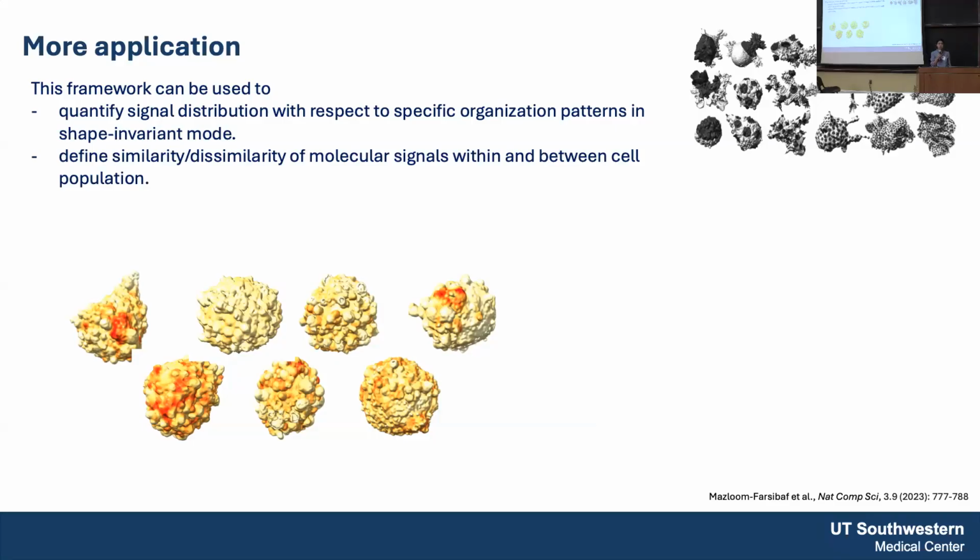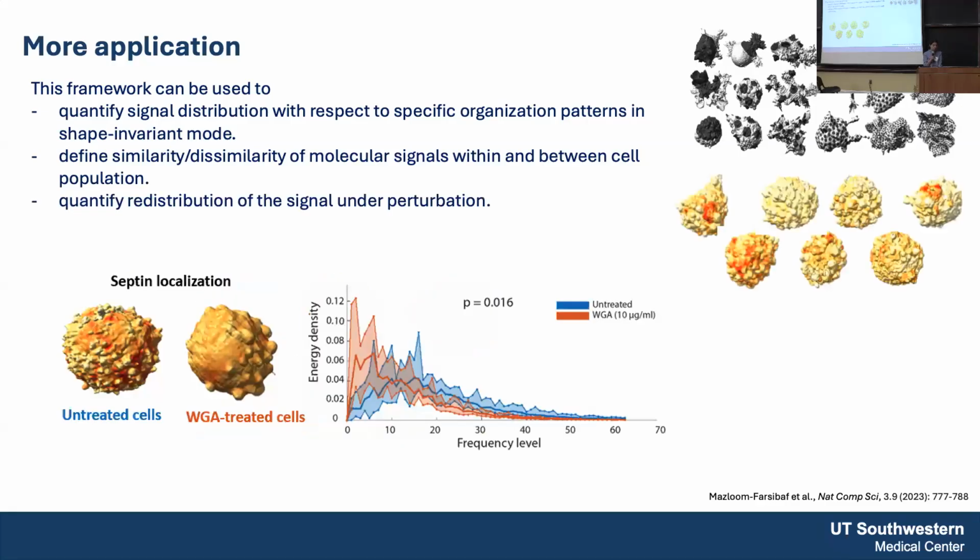So we wanted to be able to compare them although their geometries are different. And we can quantify the redistribution of the pattern when we have, for example, untreated cells versus drug-perturbed cells. So we can identify how the spatial scale of this organization may change.